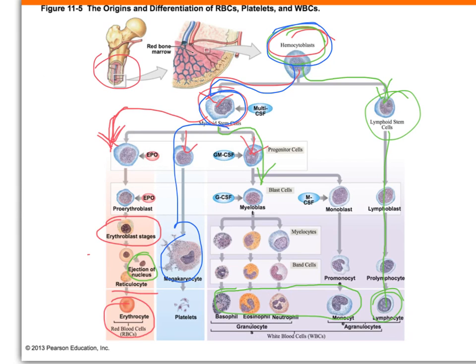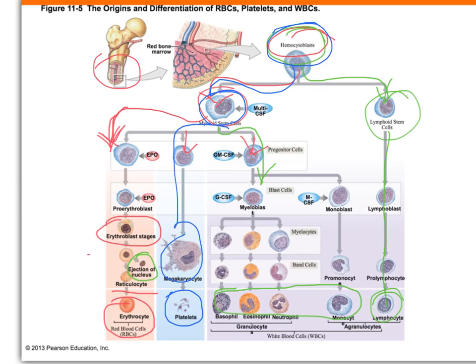The megakaryocytes are large stem cells that break up. Here you can see that it's all shattered, broken up into little pieces, and this is what we call platelets. The platelets are what go into circulation.